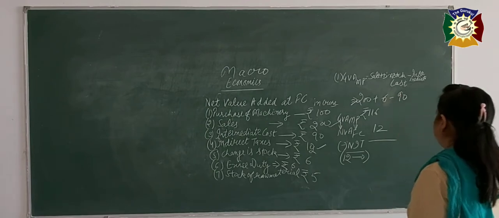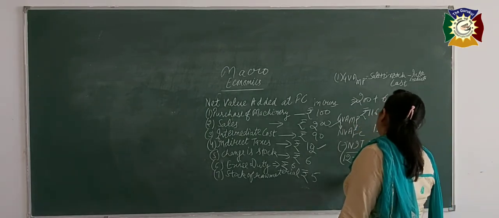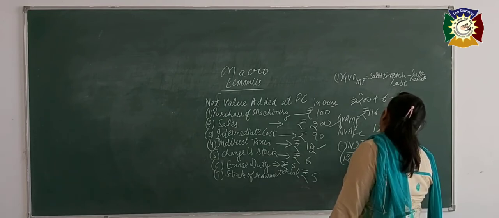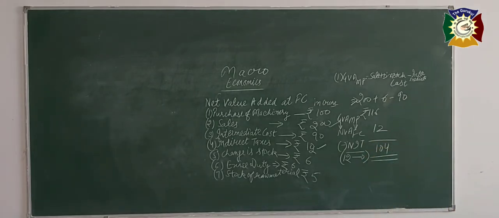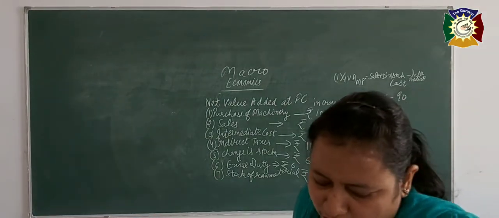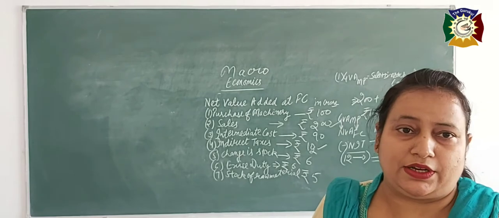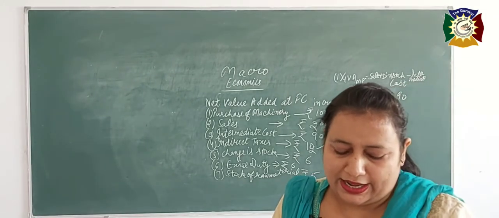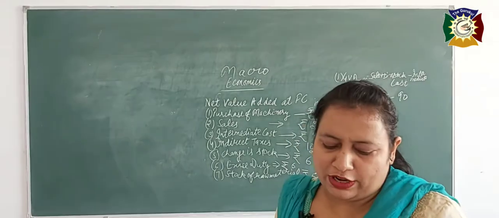Then the answer is, what you will do? MP2FC, that is 104, because excise duty is also given, but that excise duty you will take in indirect taxes. It is already added. Indirect taxes already included excise duty. Okay beta, step by step you will go.